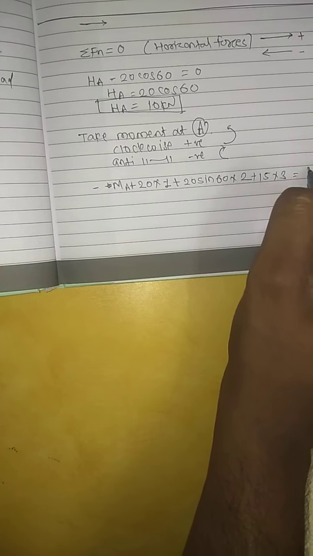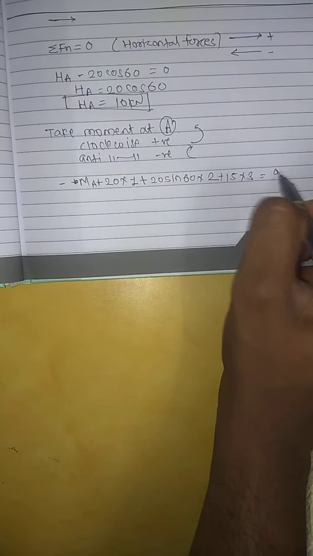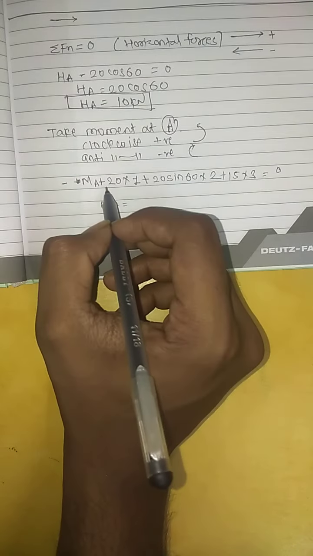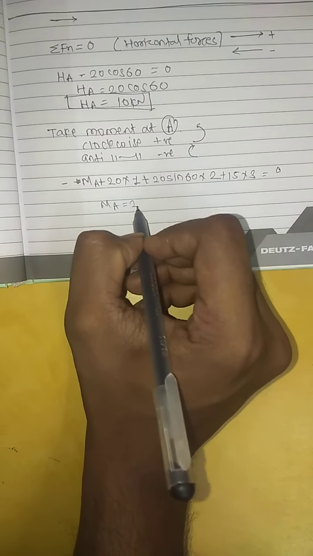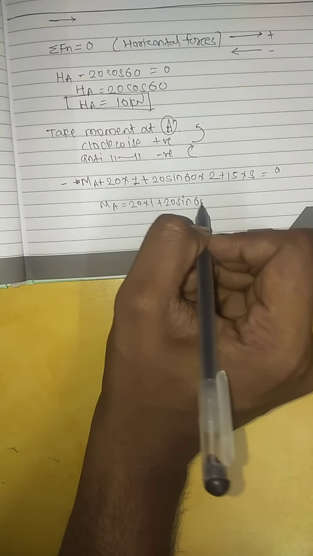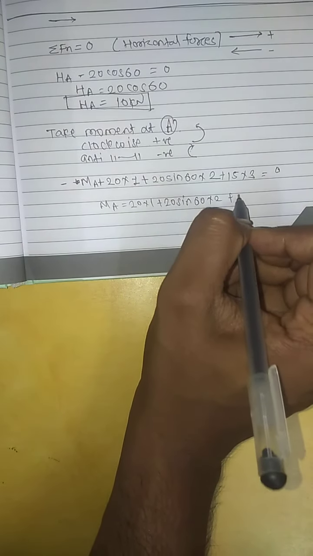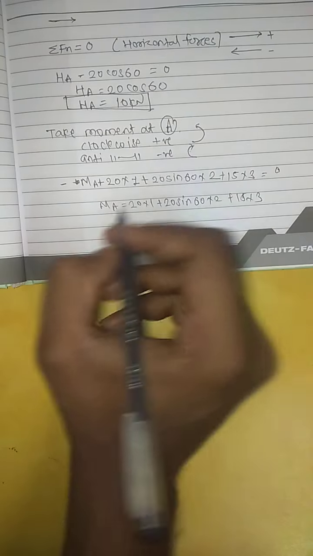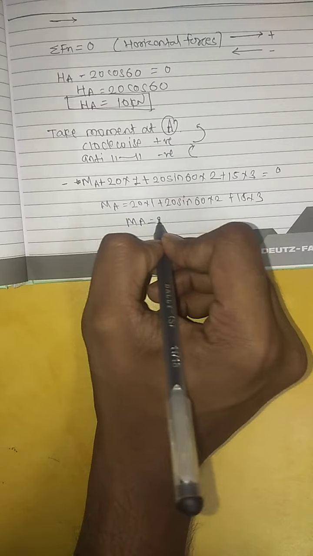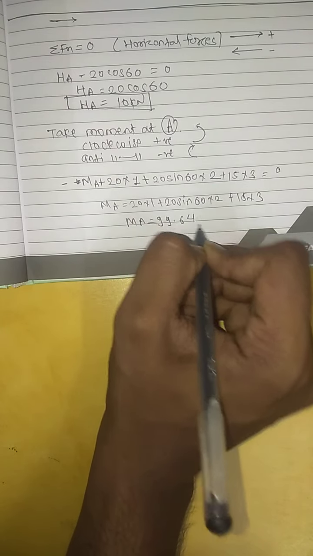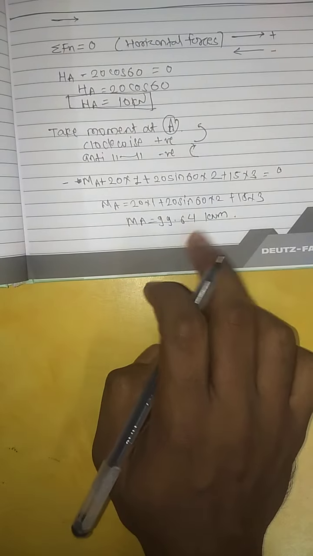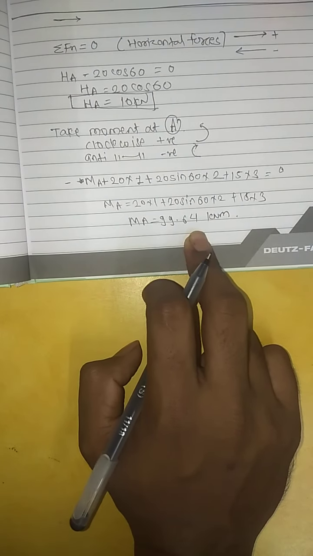So equal to 0. Hence MA is equal to, so you have to put all the things here, 20 into 1 plus 20 sine 60 into 2 plus 50 into 3. After solving this, you will get the MA value equal to 99.64 kilonewton meter. So this is the way you have to solve the problem.